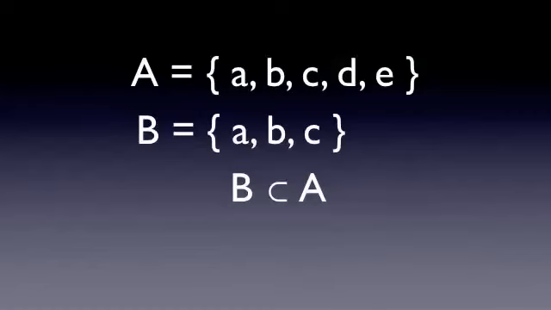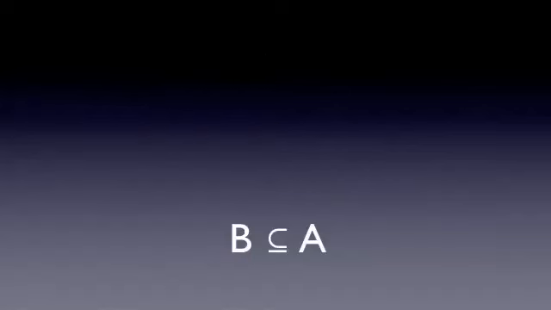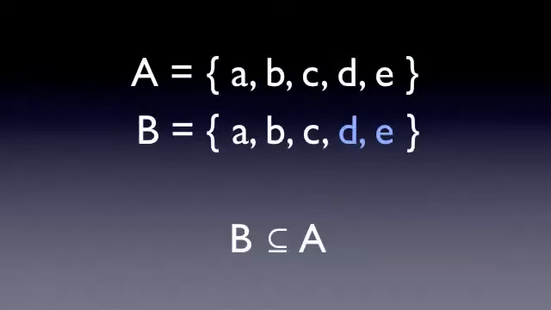Another way to indicate a subset is by adding a line underneath the notation for a subset. If we use this notation, we are still saying that B is a subset of A, but B can also be equal to A. This is comparable to a less than or equal symbol. This means that any set is technically a subset of itself.